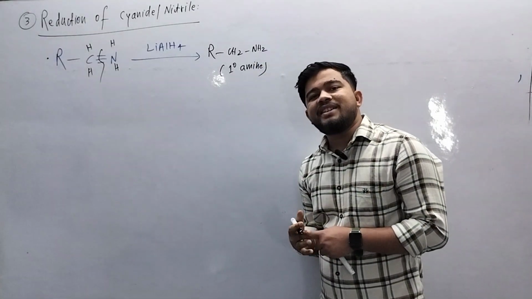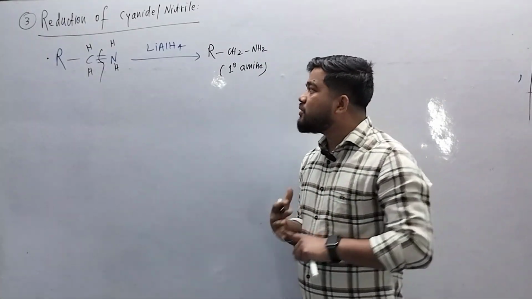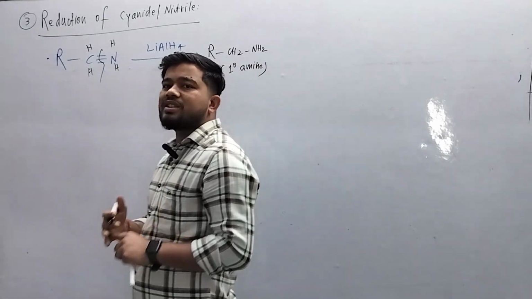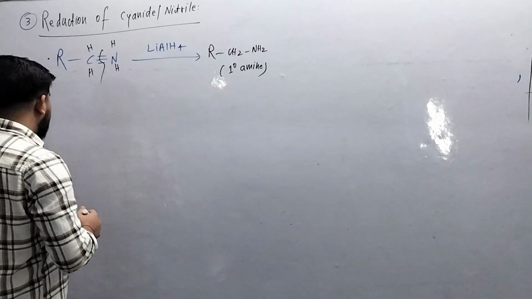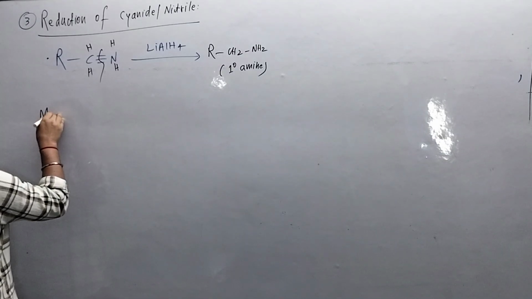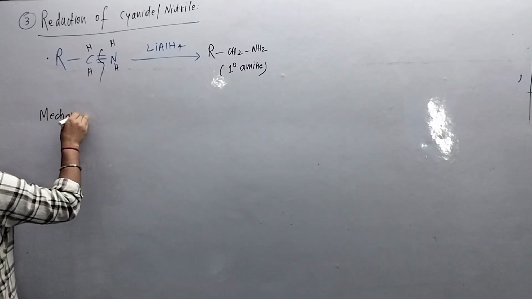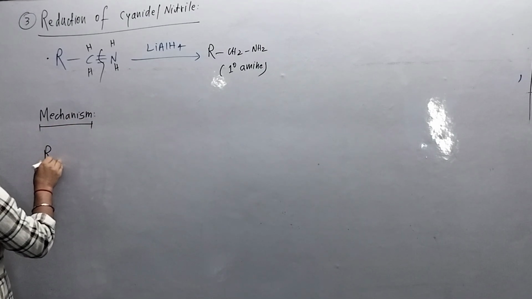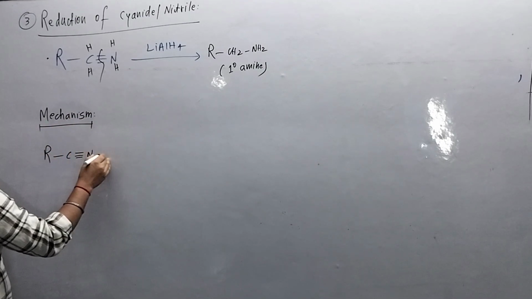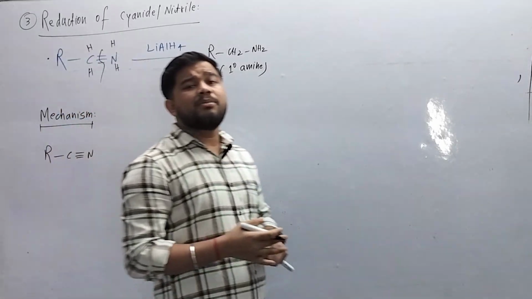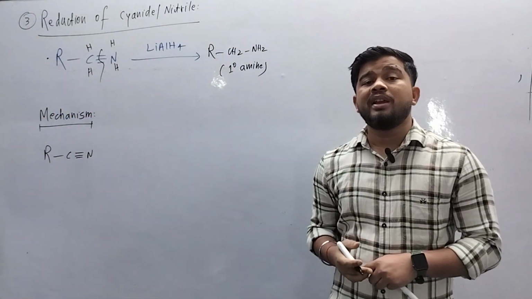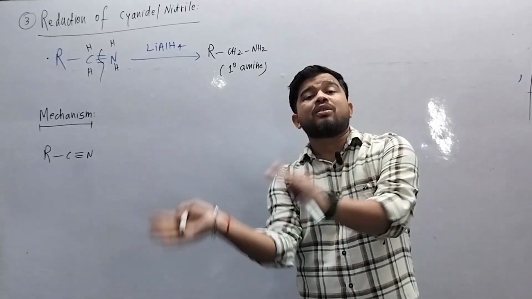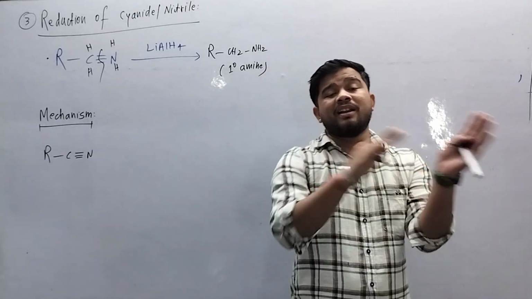If you see the detailed mechanism of the reduction of cyanide, it looks like this. As we know, lithium aluminum hydride, LiAlH4, is a source of H-, which we have already discussed in alcohol, phenol and ether.